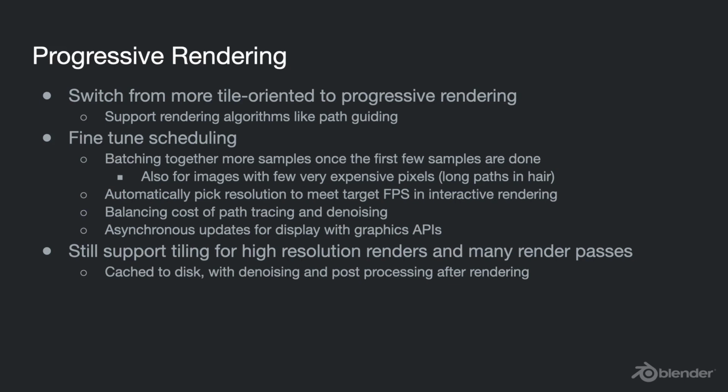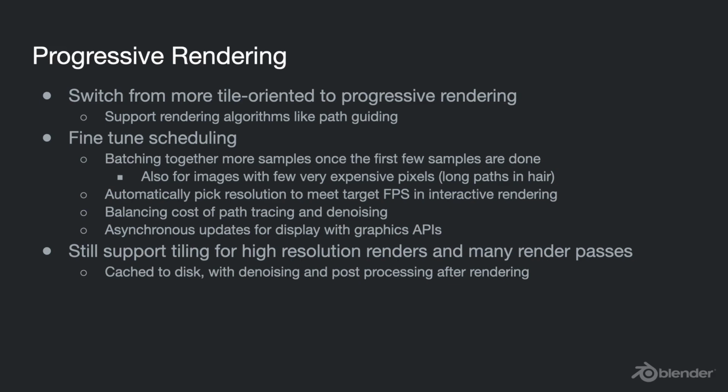One thing that we found compared to tile rendering is that if you have a few pixels that are a lot more expensive to render than others, for example, hair with lots of shadow paths and transparency, especially before the optimizations that we did, then those can hold up the entire image and you're just waiting for a few paths to finish and have very low occupancy.